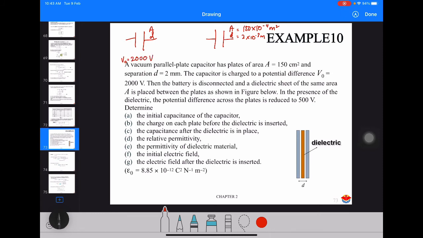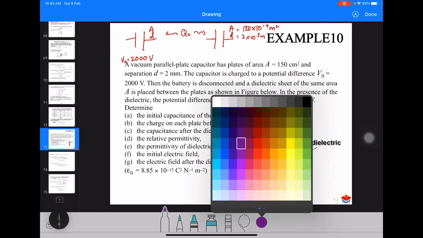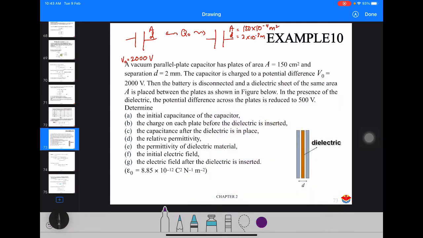And then the battery is disconnected. The constant between the first and the second one is actually the charge. Q0 is the same for left and right hand side. And then for the new one, it says here that the potential difference across the plate is reduced to 500.